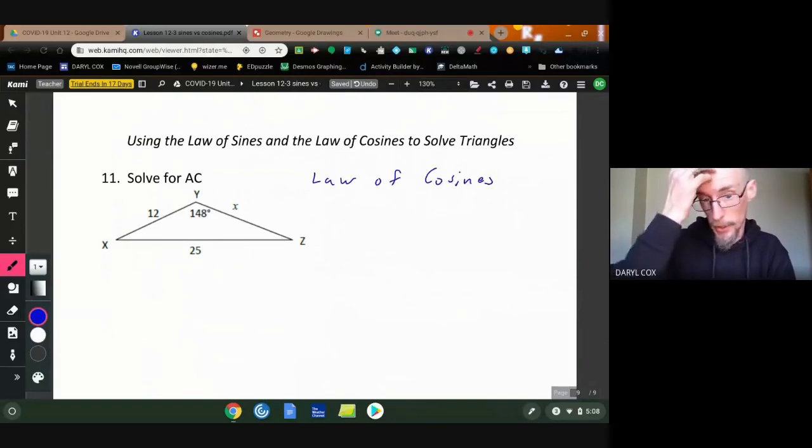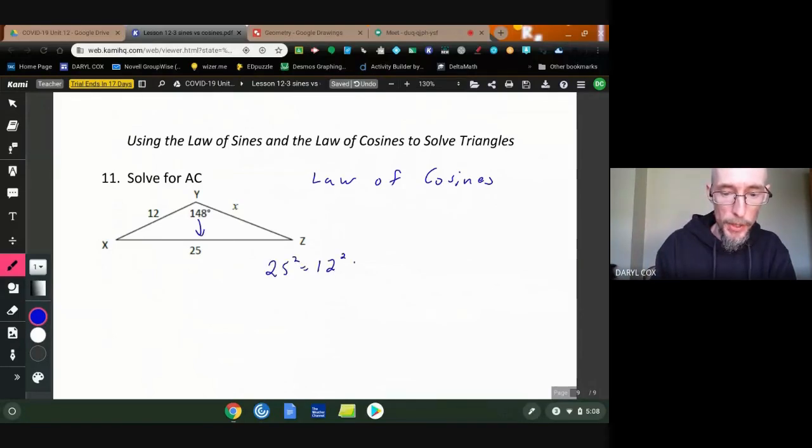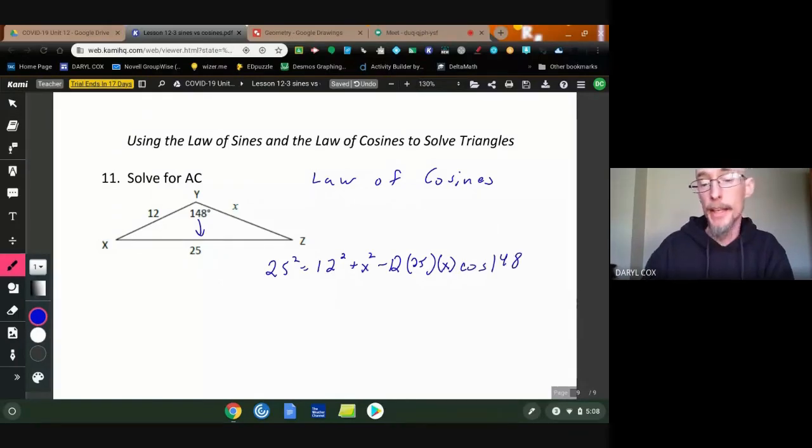So the lone side is 25. So 25 squared equals 12 squared plus x squared minus 2 times 12 times x times the cosine of 148. And again, this one's beyond our ability to solve in this course. Okay, so there you go.